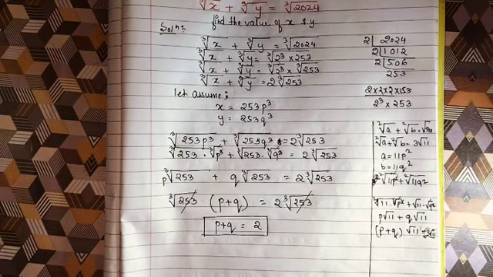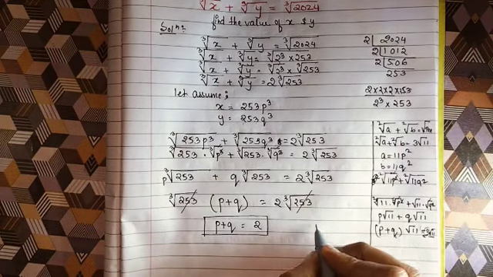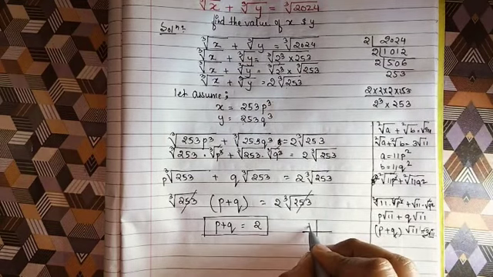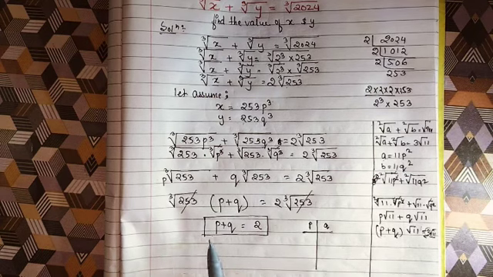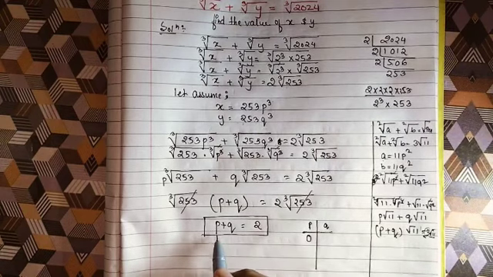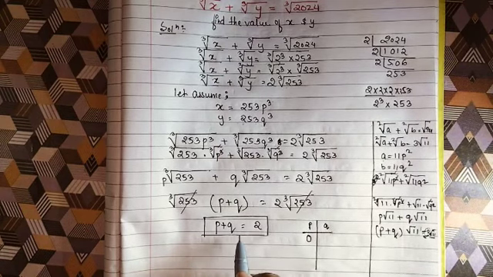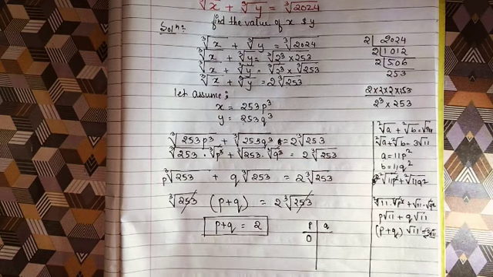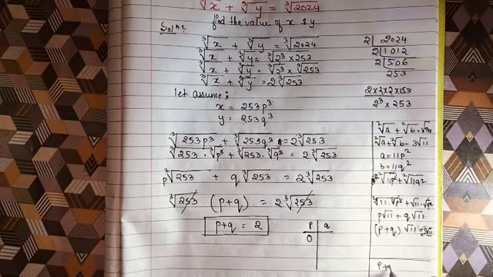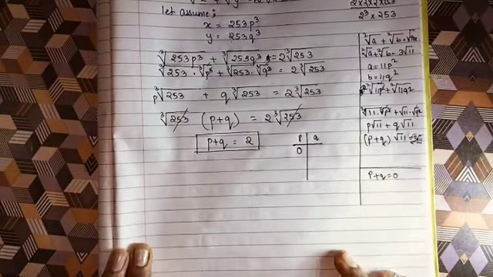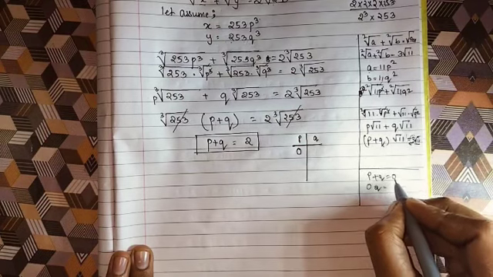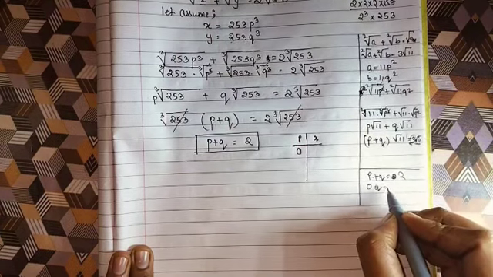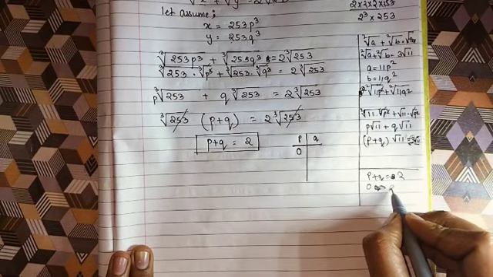Now we will see what will be the value of p when q is given, or q if p is given. Suppose let's start with 0. If the value of p is 0, what will be the value of q? p plus q is equal to 2, so q will be 2.